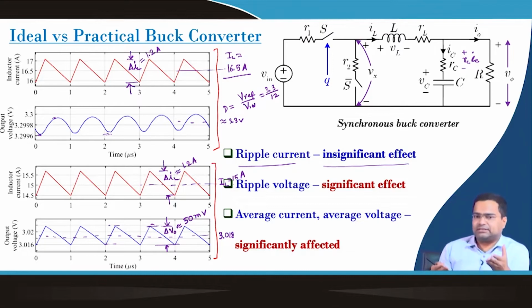Since the capacitor current carries the ripple of the inductor current, because we assume the load current to be constant, the ESR times the ripple inductor current appears in the output voltage as a dominant effect, and that is why it is in phase with the inductor current. So what we can conclude is that in a practical converter we will have a significant effect of ESR. So you have to choose the capacitor carefully, I mean we should reduce the ESR magnitude.